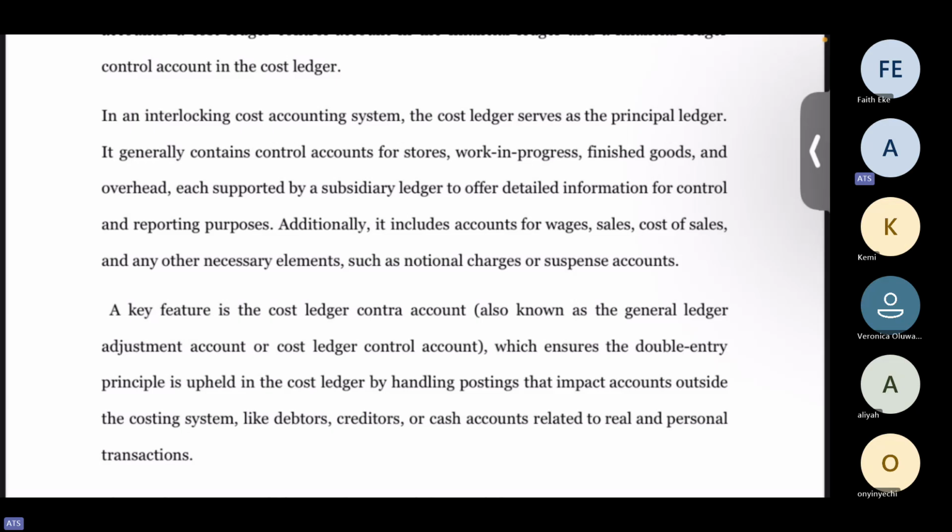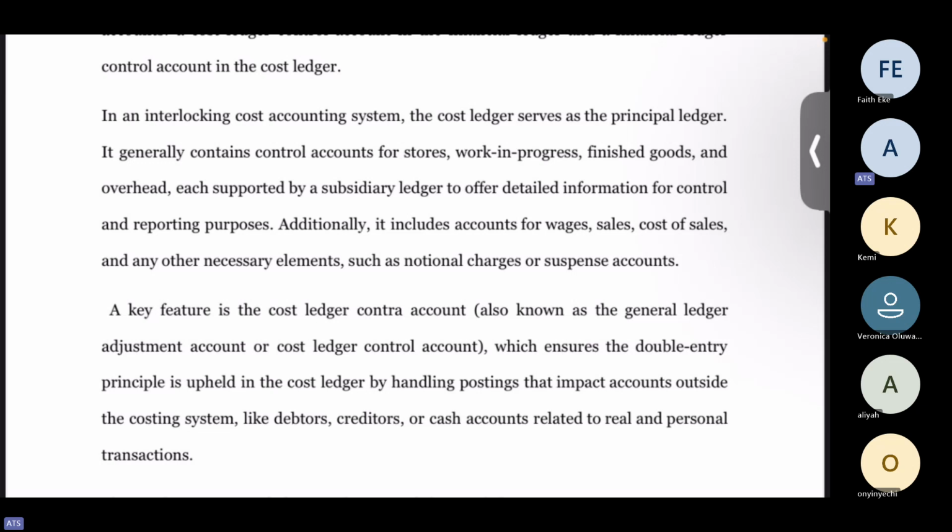So that's where a cost ledger control account comes in. It serves as a buffer, or what ensures double entry. When you buy raw material under a costing system, we're still going to look at all the double entries for different transactions that are important to a costing system, but let me just mention this.